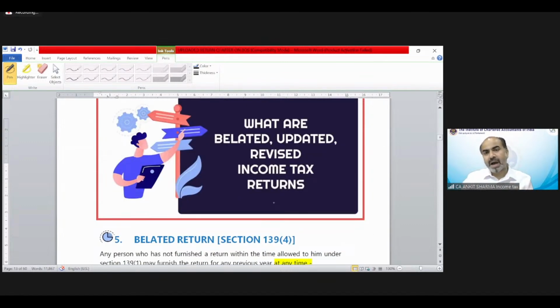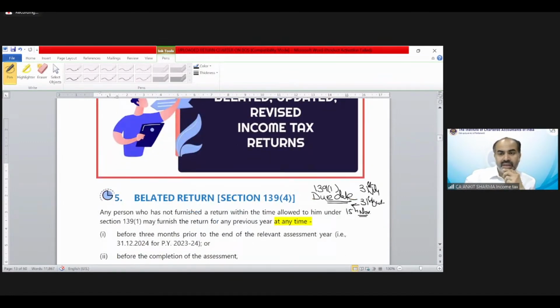What are belated, updated, revised returns? So there is a due date, that is section 139(1). If your return is filed up to the section 139(1) due date, which is 31st of July, 31st of October, that has been extended till 15th of November this year, and 30th of November, then it would be called a return filed on due date.